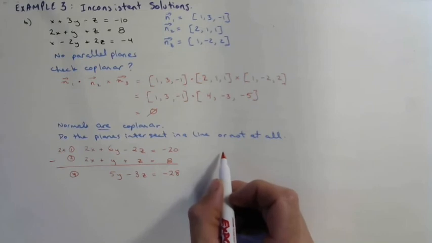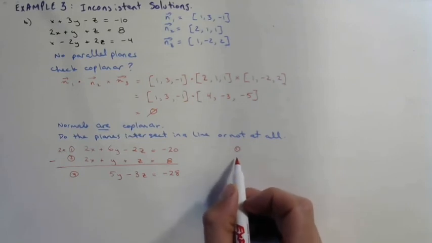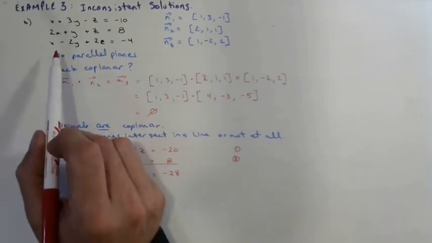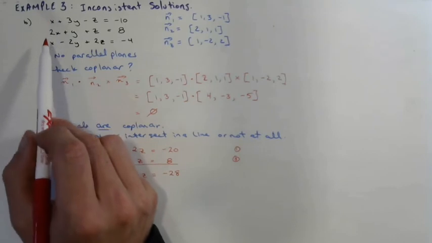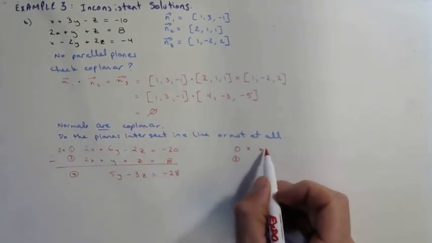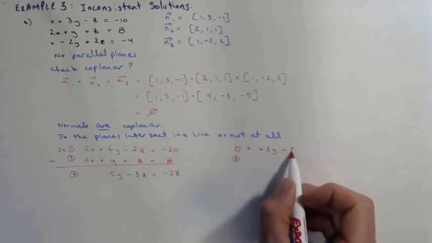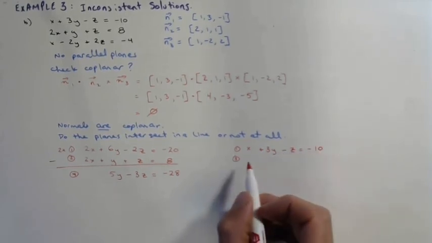Then I'm going to take equation 1 and equation 3. The coefficient in front of x is 1 for both of them, so I don't need to multiply either equation to create an equivalent equation. X plus 3y minus z equals negative 10.